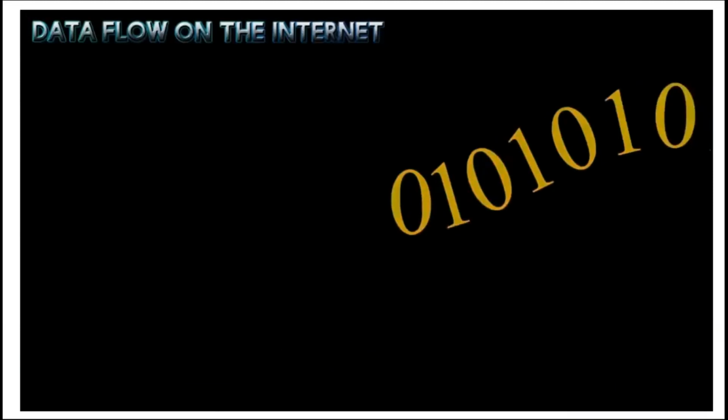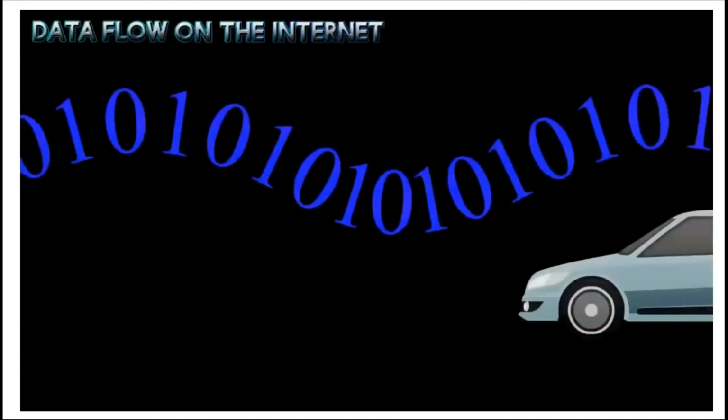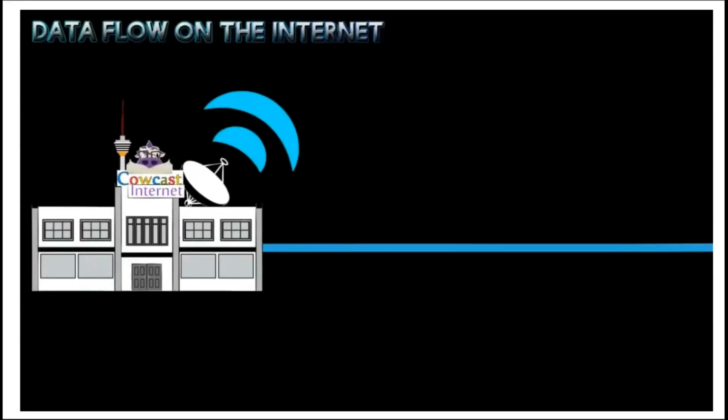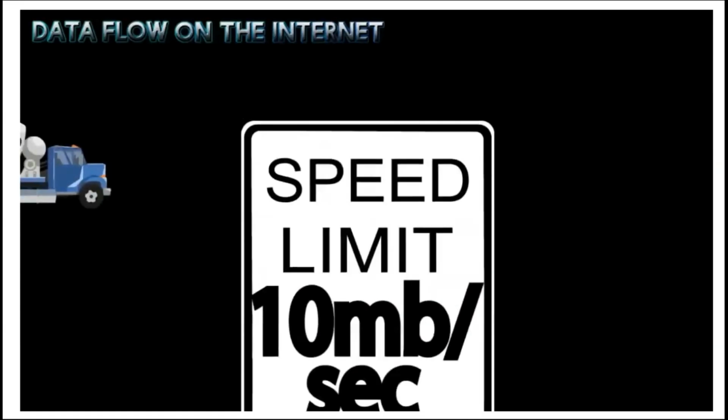Let's compare how data flows on the internet to how cars travel on streets. The data packets from your computer are sent to your Internet Service Provider, or ISP, which sends them out to the internet. Just as streets have speed limits for cars, the speed at which your data packets travel is dependent on your internet connection.